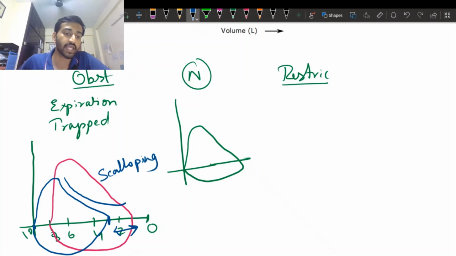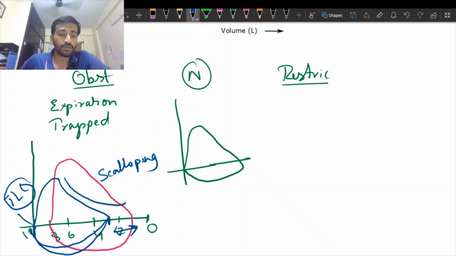So the inspiration also decreases because of the excess reserve volume, the depth will decrease, but the amount will increase. The total lung capacity will increase.